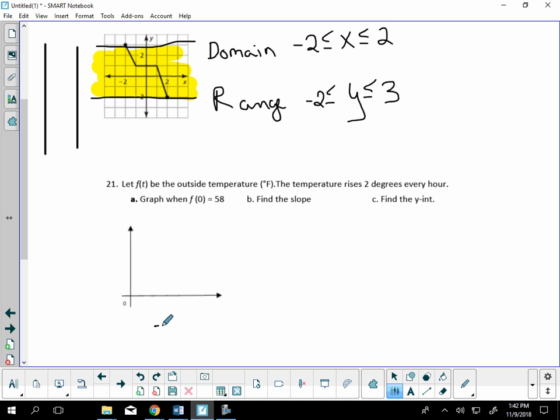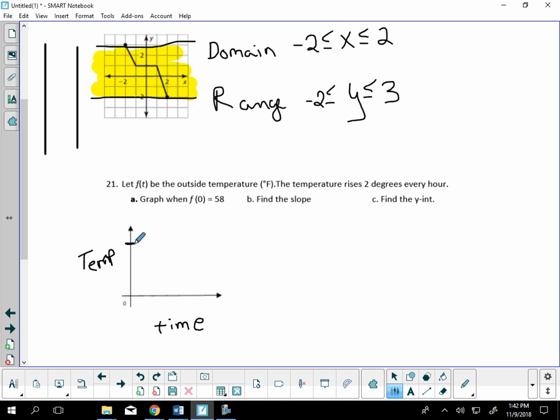So time, I'm going to make my independent variable. And temperature is going to be my dependent. So what this really means is when the time is 0, the temperature is 58.